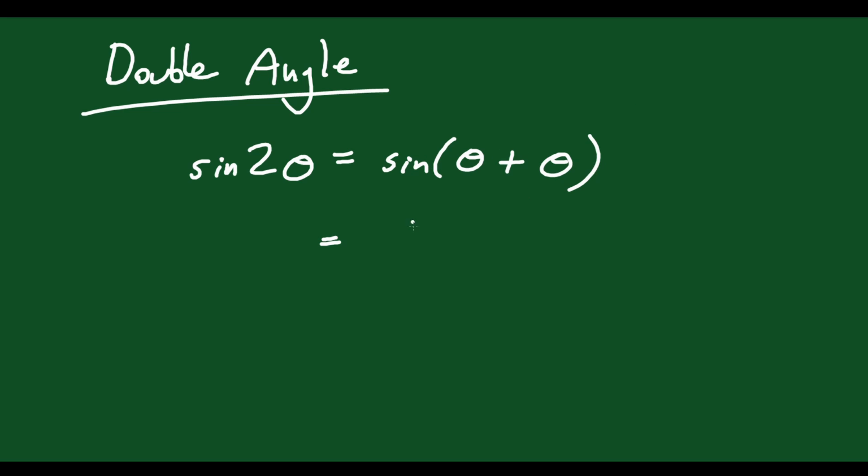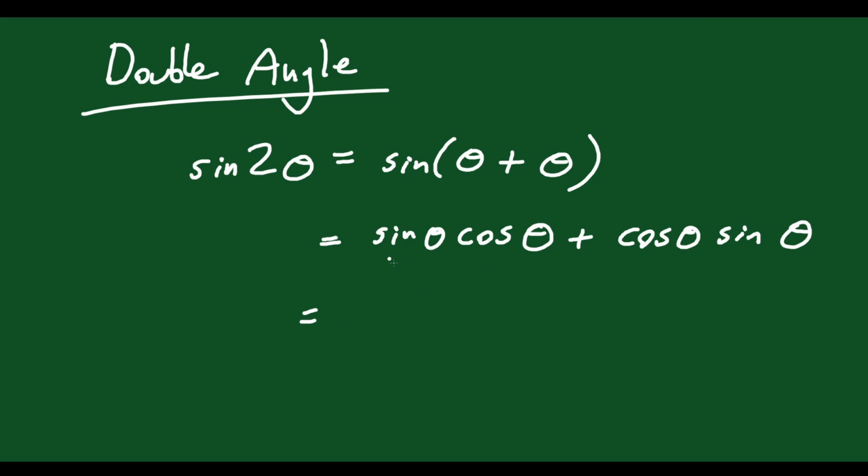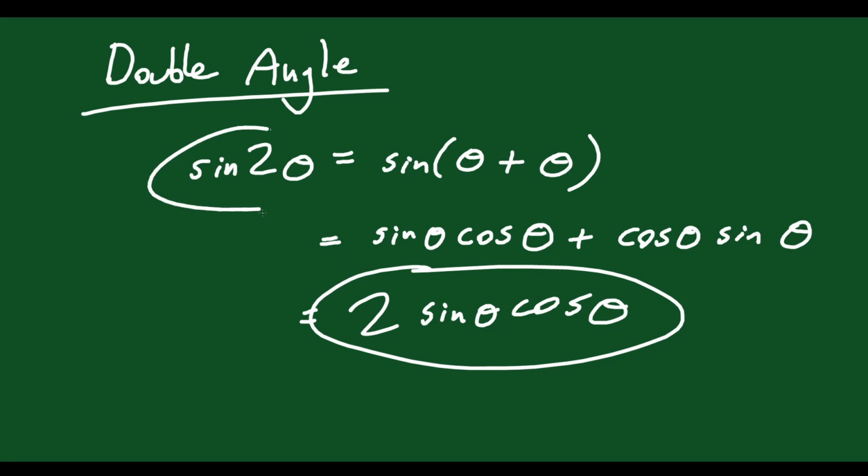If you remember, sine of a plus b is equal to sine a cos b plus cos a sine b. But the difference here is a and b are the same. It's just theta and theta. So these two terms are the same, so it's just 2 sine theta cos theta. And that's it, that's your double angle identity for sine.